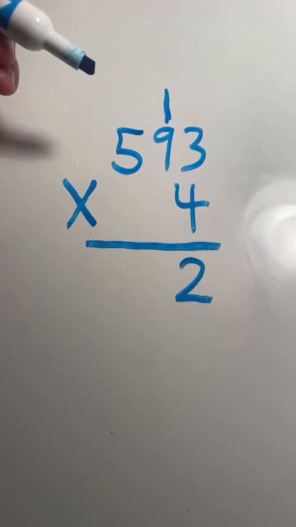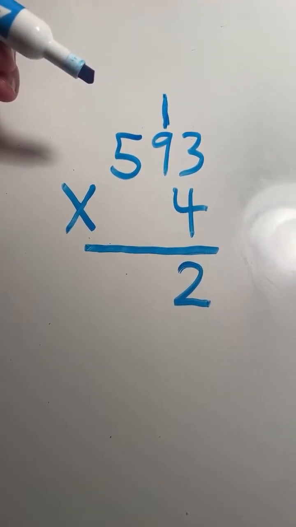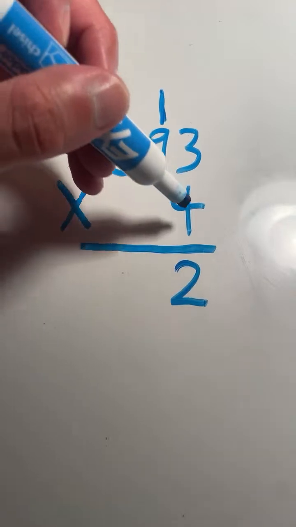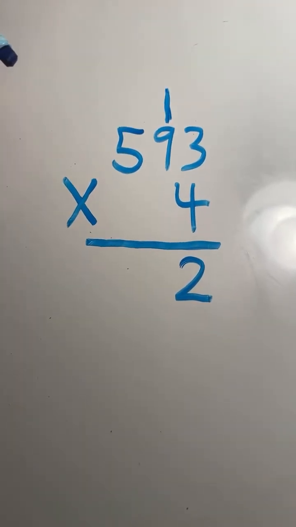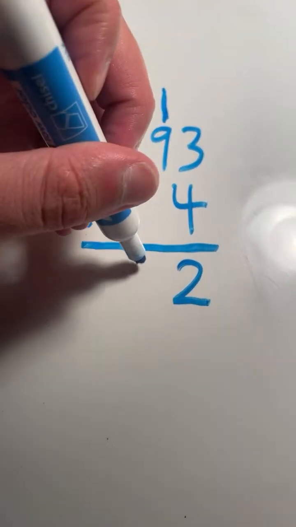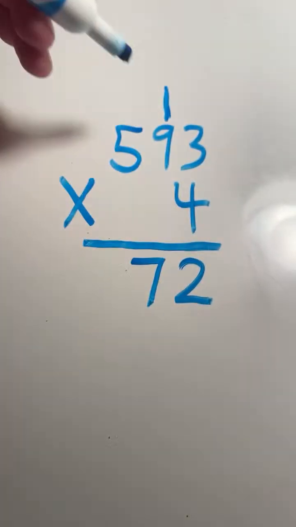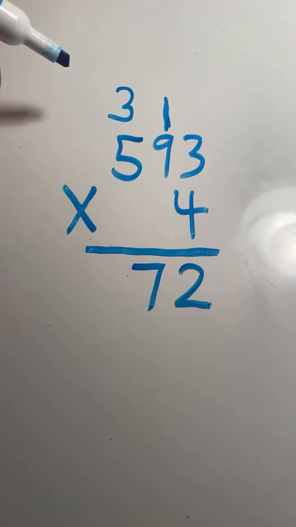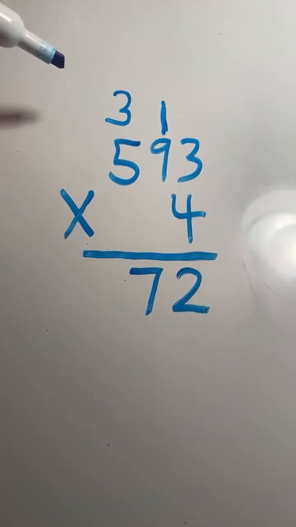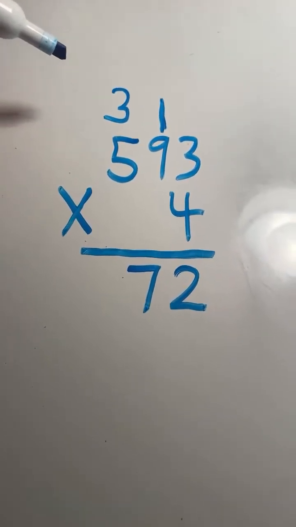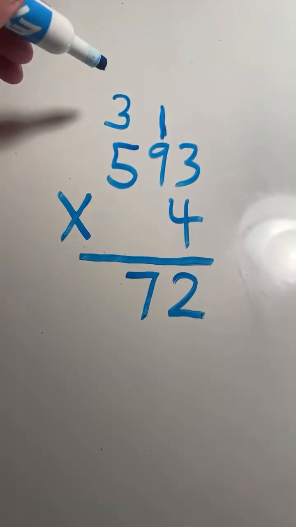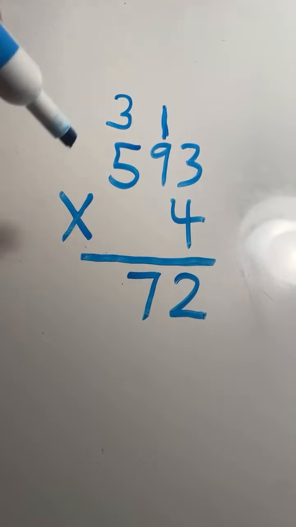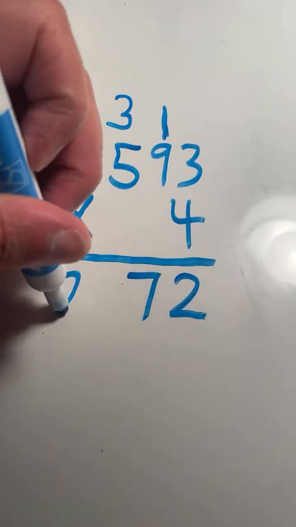Next, we're going to multiply 9 times 4. 9 times 4 equals 36, plus 1 equals 37. So again, we have to regroup. The 7 in 37 goes in the tens place. The 3 in 37 gets carried over to the hundreds place. 5 times 4 equals 20, plus 3 equals 23.